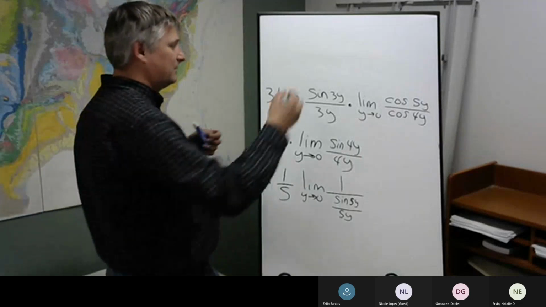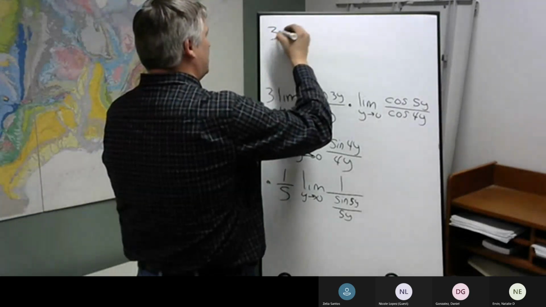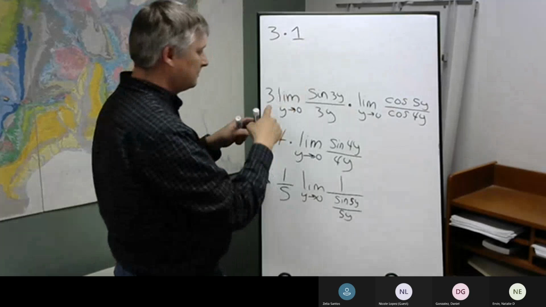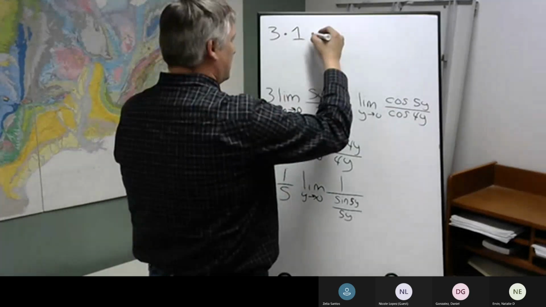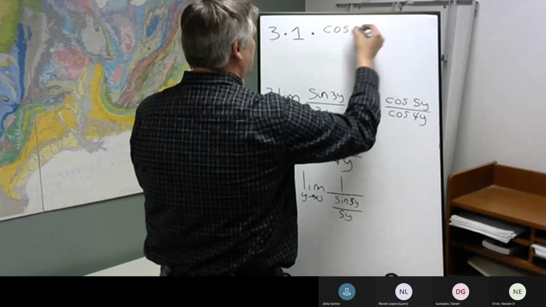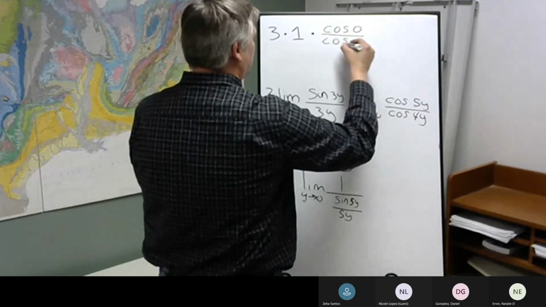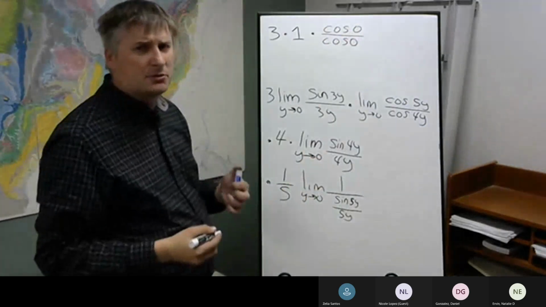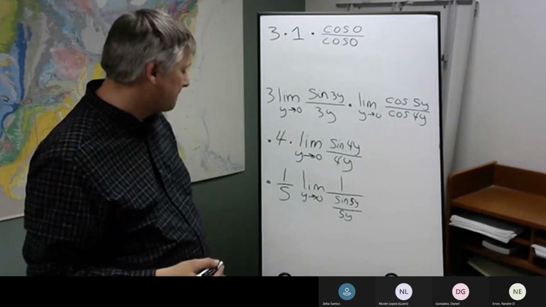So what we're going to get is 3 times 1 times, now this will be cosine of 0 over cosine of 0. Again, we're going to use that substitution rule we use for polynomials.